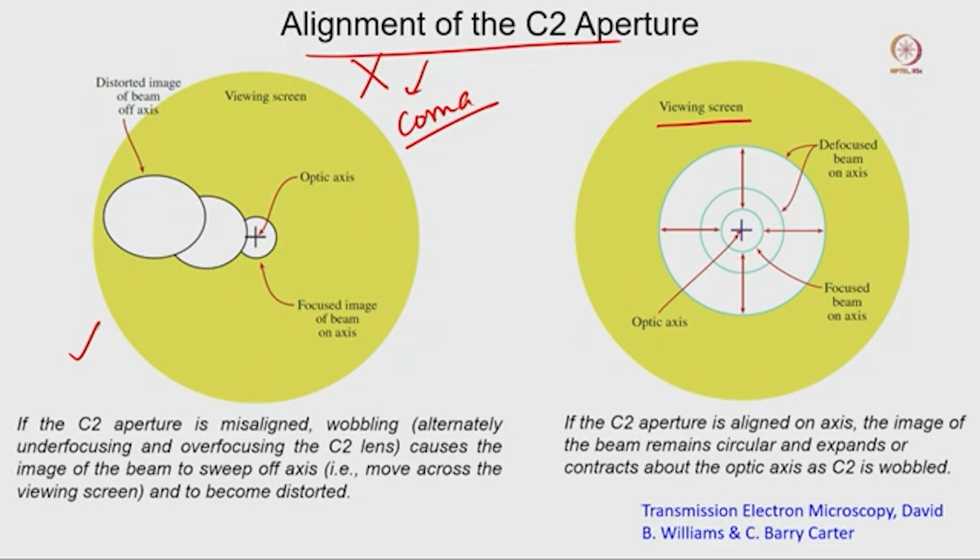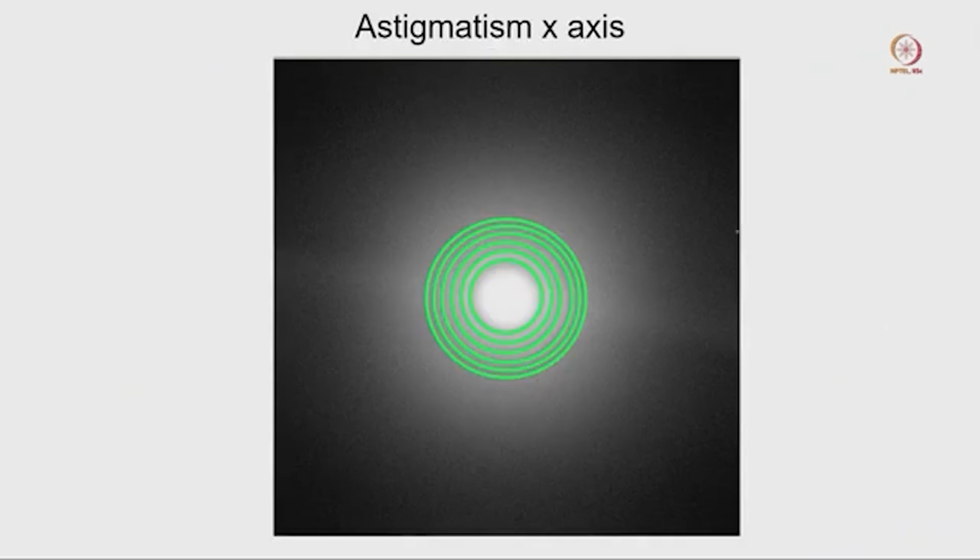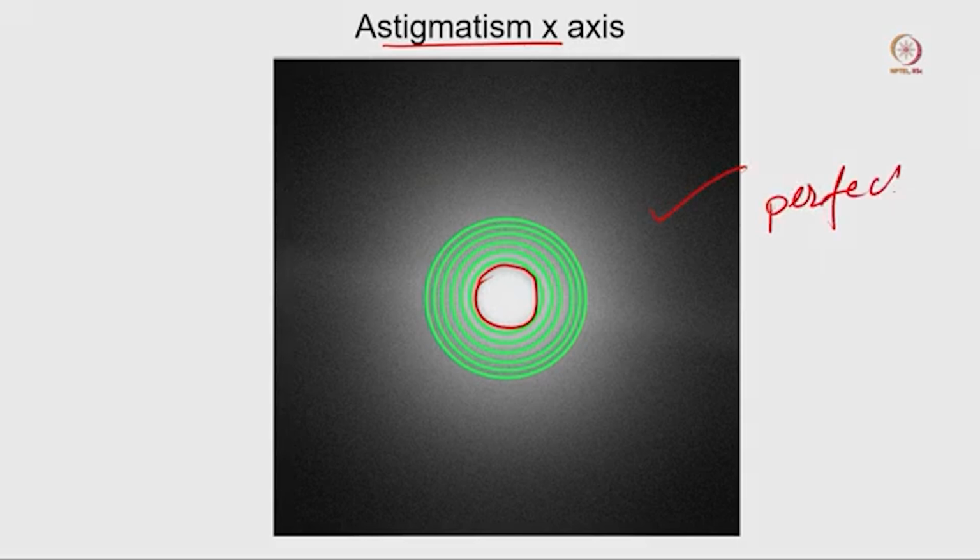As well as if we look at the diffraction pattern or the power spectrum of an EM image, you can see a very nice circular ring here, and then white and black rings. So there is no astigmatism in this particular direction, it is a perfect power spectrum.